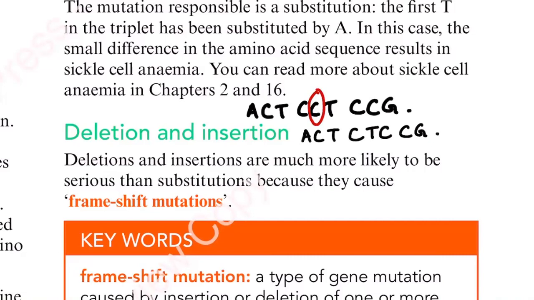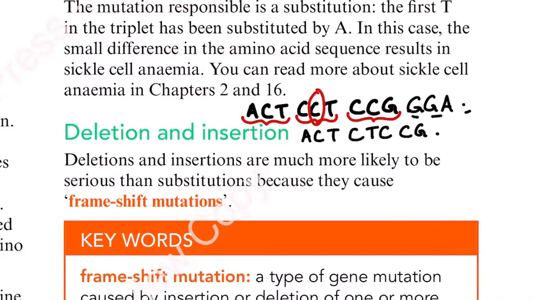Is the reading frame changed? Yes, girls. First, we were reading it like this. हम जब उसको पढ़ रहे थे, it was ACT, CCT, and CCG. आगे के bases मैंने नहीं लिखे हैं, but let me just write down some more bases. Let's say GGA. ठीक है, कुछ होते आगे के bases.